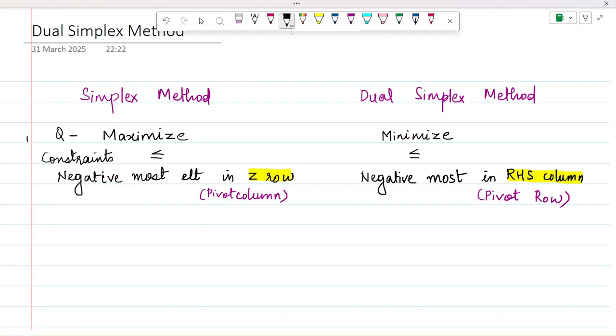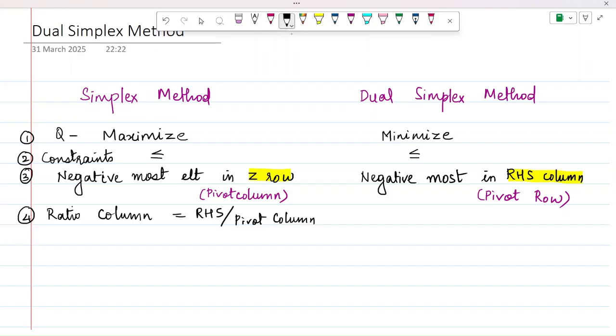Next step after that was finding the ratios. Here you had a ratio column. Now the ratio column here was equal to the RHS divided by the pivot column entries. And here you will have a ratio row.